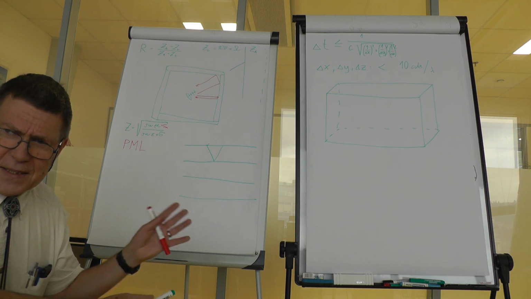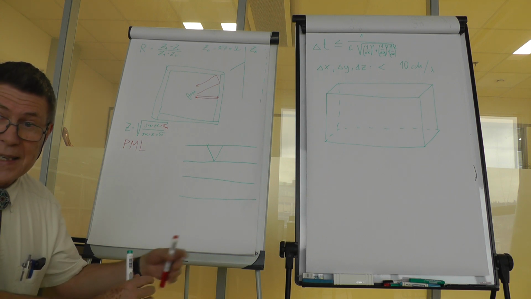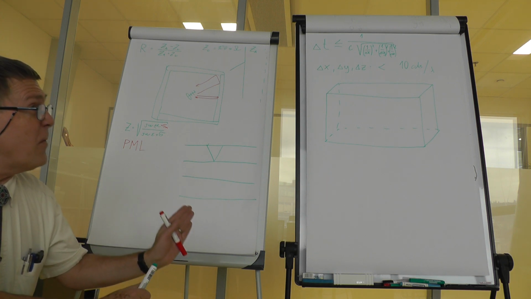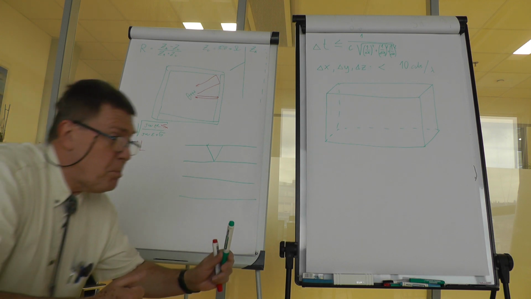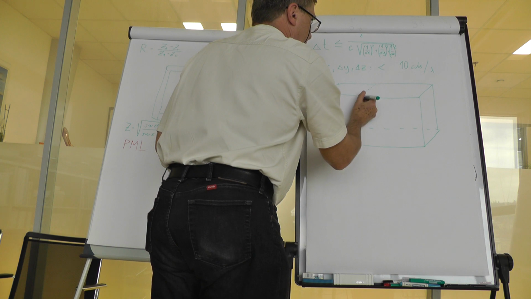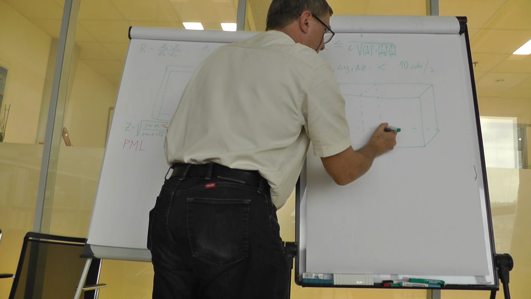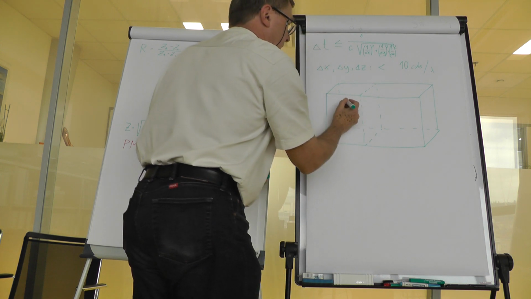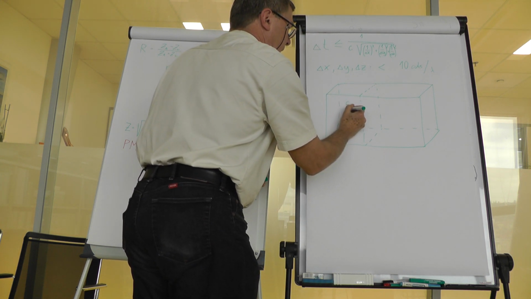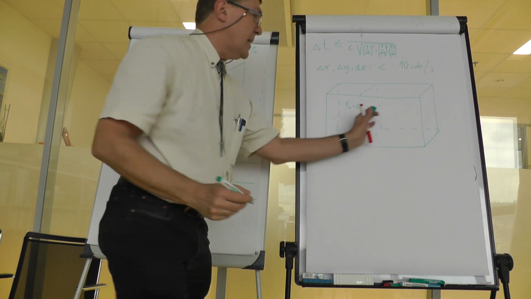By the way, this is something that has an analytic solution, so we just use it as an example. So you have such a resonator that is partly filled by a dielectric. Let's say that half of that resonator has the relative permittivity of 4, while the rest is free space.